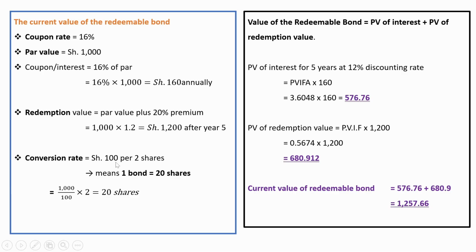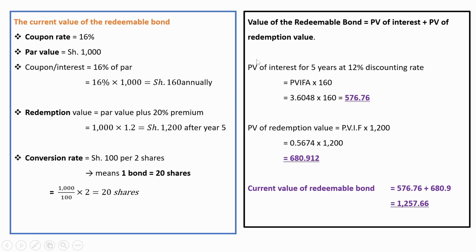So 100 is equal to 2. So what about 1,000? So you can just cross multiply. And the answer you will find is 20. It means that one bond will be given 20 shares or will be converted into 20 shares. That is the conversion rate or the conversion ratio.